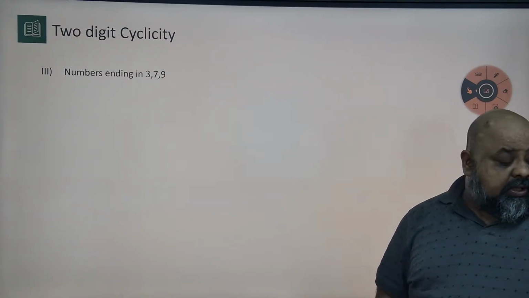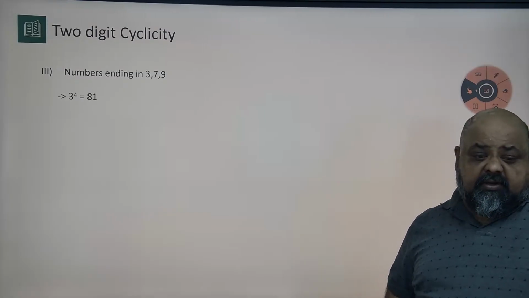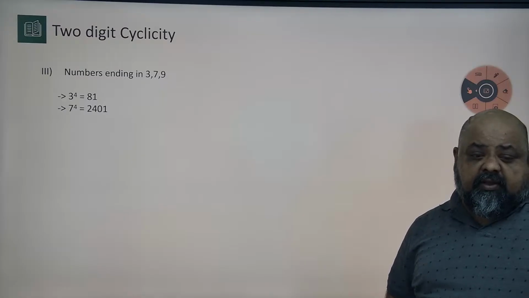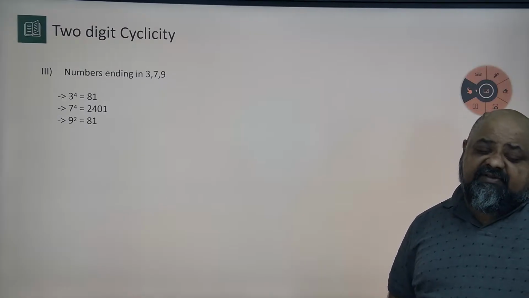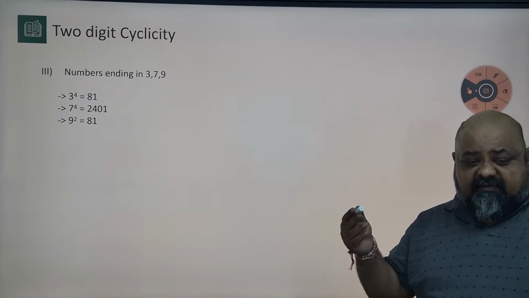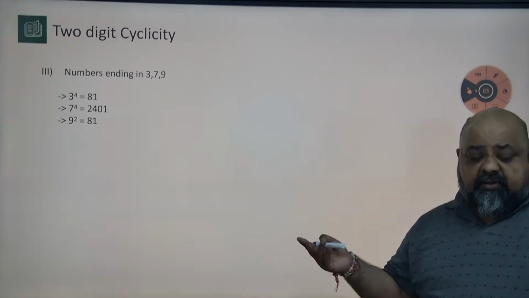Now, I know that 3 raised to power 4 is 81. 7 raised to power 4 is 2401. And 9 squared is 81. So if I have a number which ends in 3, 7 or 9, I can raise the power of that number in such a way that it becomes a number ending in 1.